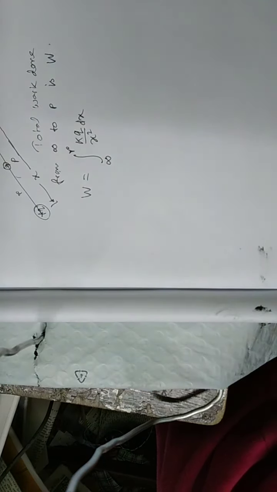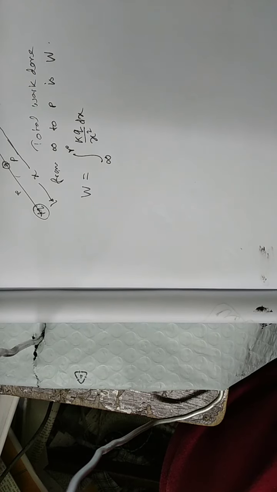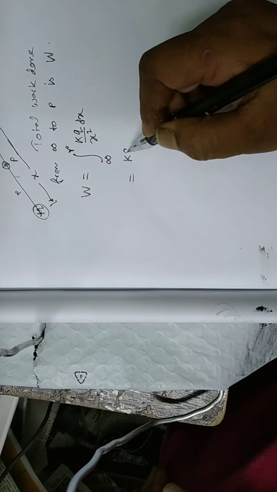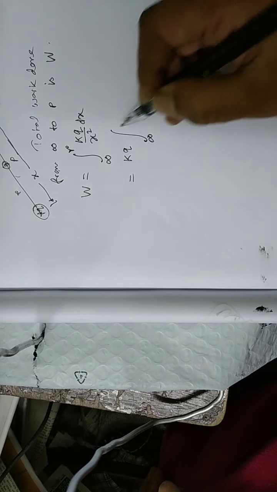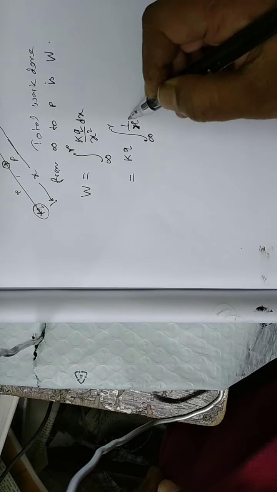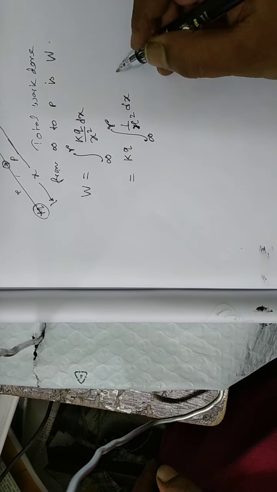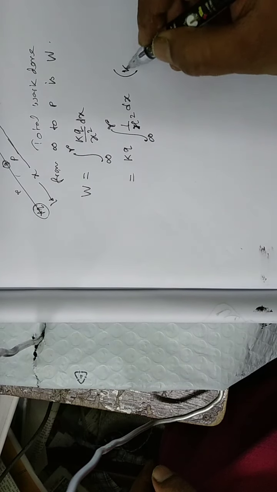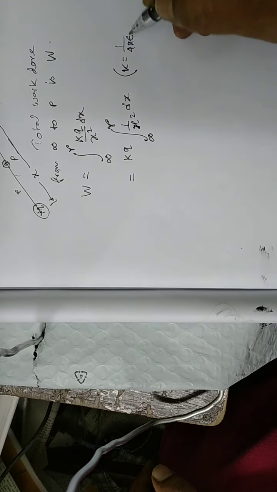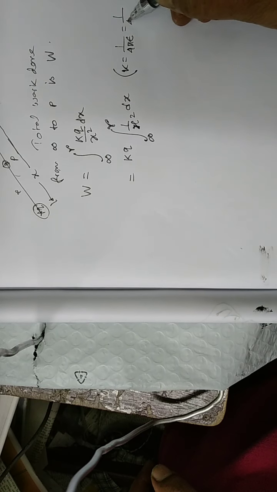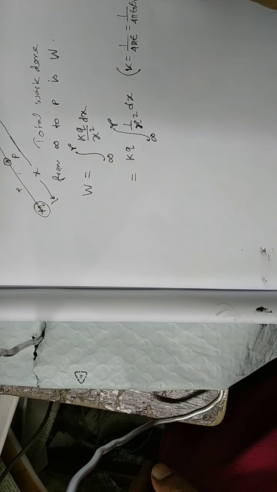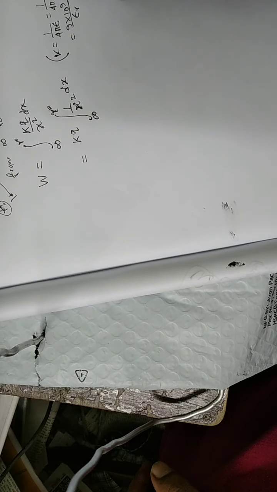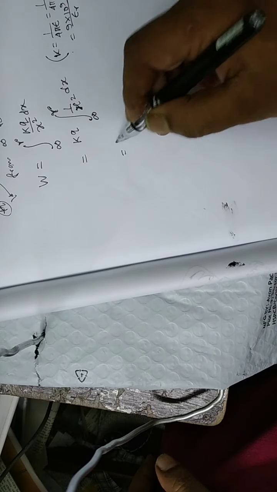So you have k q, integration from infinity to R, 1 by x square dx, where k is 1 by 4 pi epsilon, or 1 by 4 pi epsilon naught epsilon r, or you can say 9 into 10 to the power 9 by epsilon r. Always remember this part, that equal to kq.